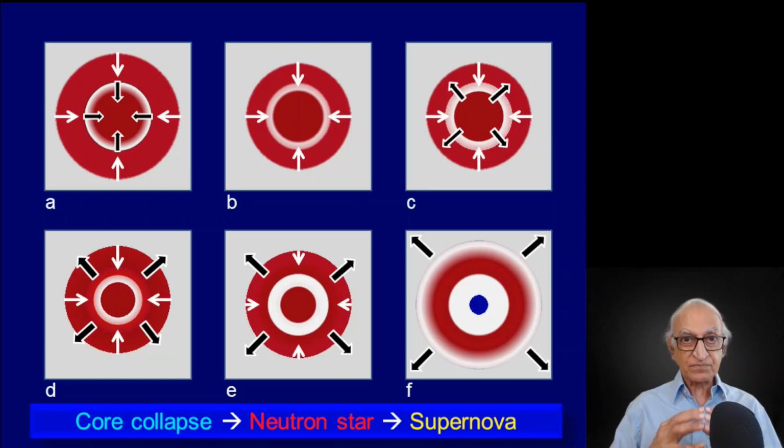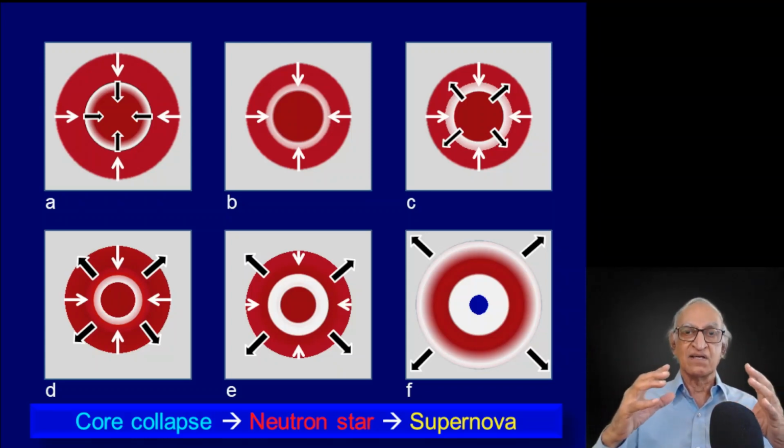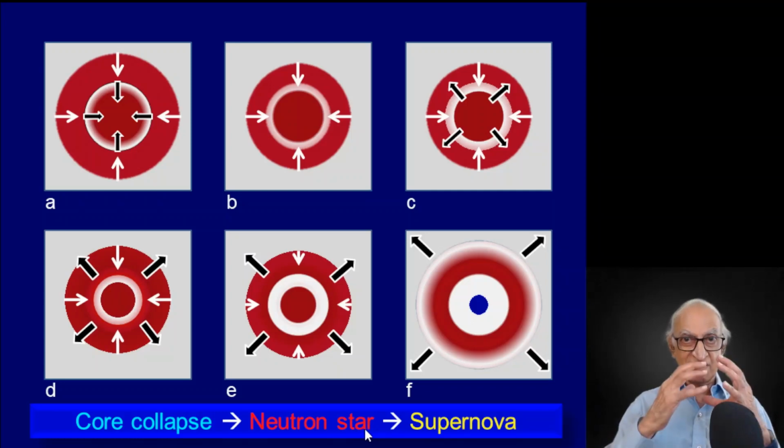In other words, the binding energy that is released when the inner portion of the core collapses and forms a stable neutron star has now gone into expelling the envelope of the star, which is the supernova explosion. So according to the party line, the core collapses, a stable neutron star is formed, and a shock wave drives the envelope, and that is the supernova explosion.